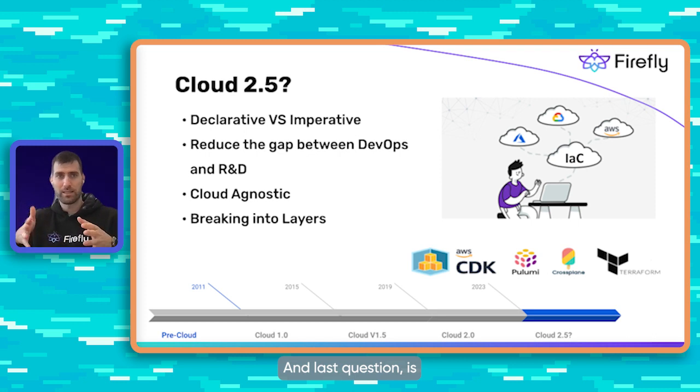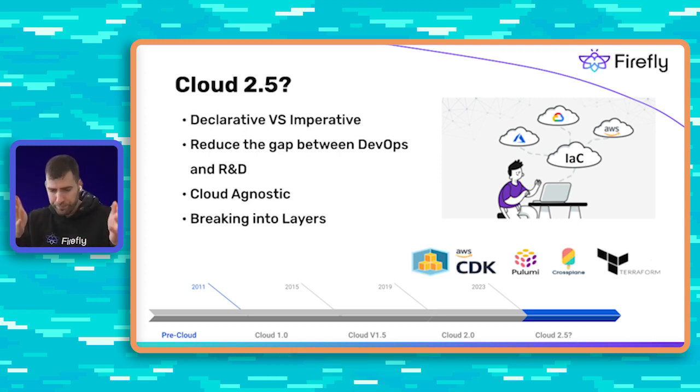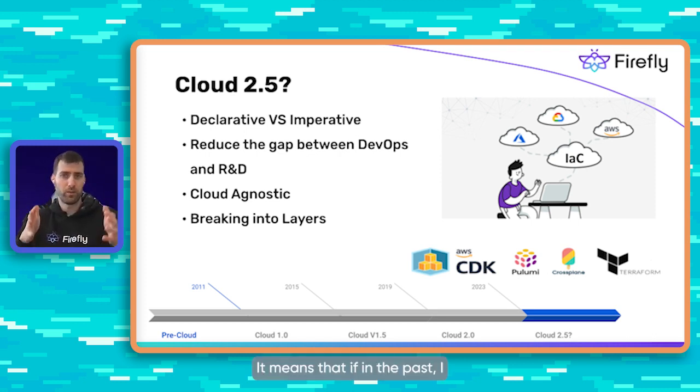And the last question is cloud agnostic. It means that if in the past I used infrastructure as code tools like Terraform for deploying resources, and I needed storage buckets like S3, GCS, and Azure Blob Storage, there are 3 different resources.